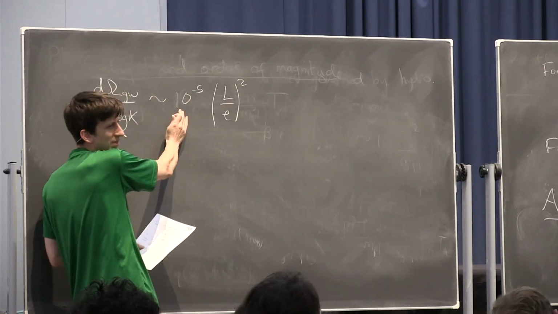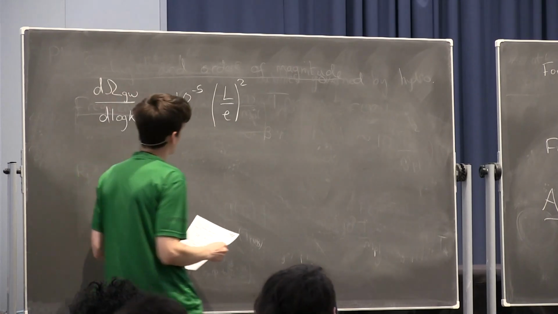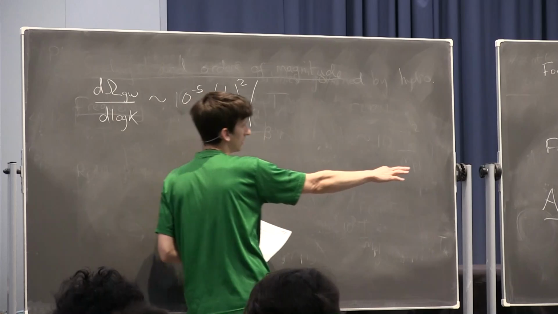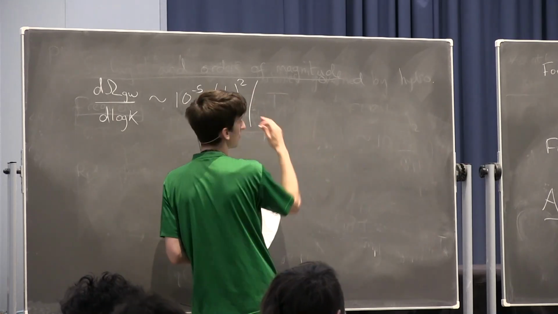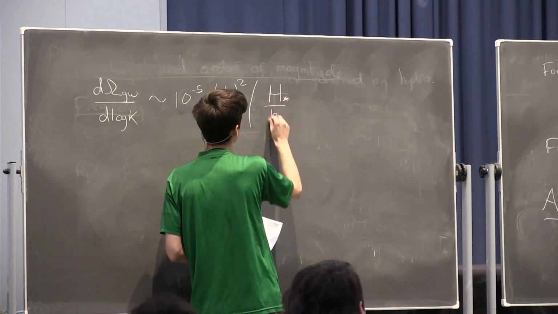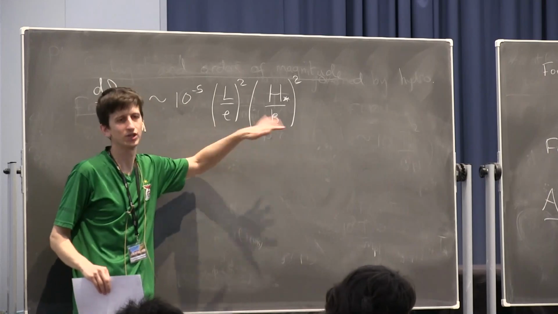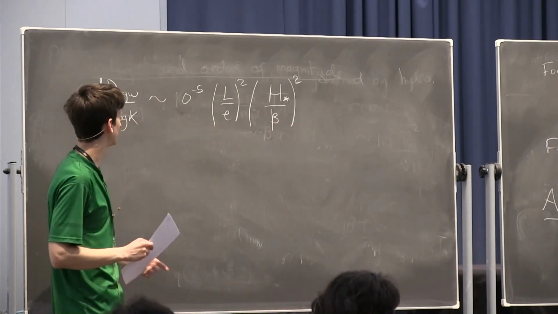And this number comes from simulations and it's absolutely a rather rough number. And then we're going to get this correlation and lifetime, which are both 1 over beta. So we're going to get h star over beta squared. That's for our lifetime. It's just very order of magnitude estimating.